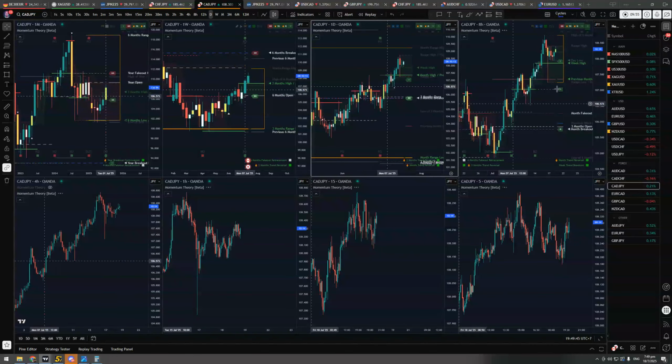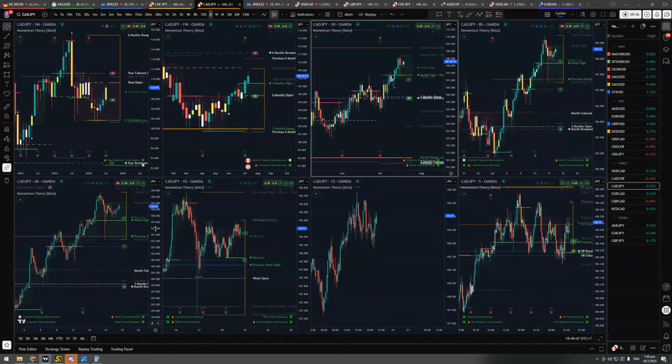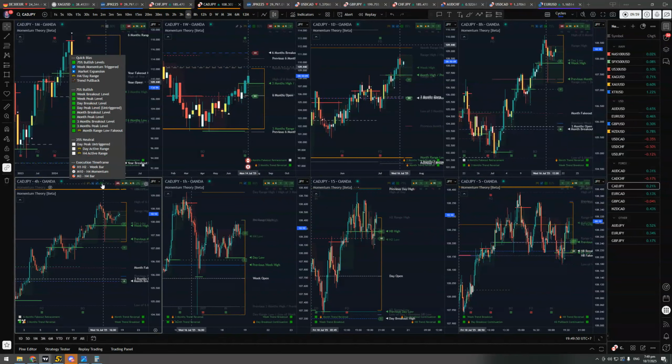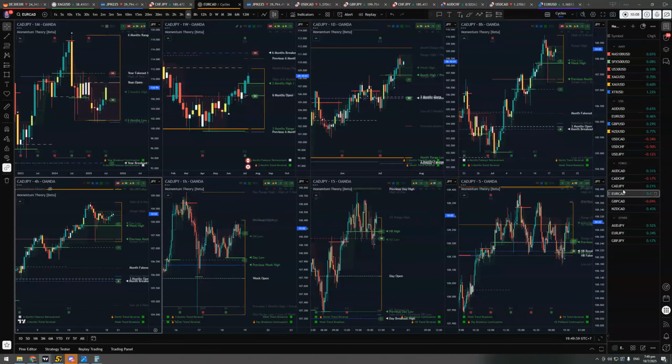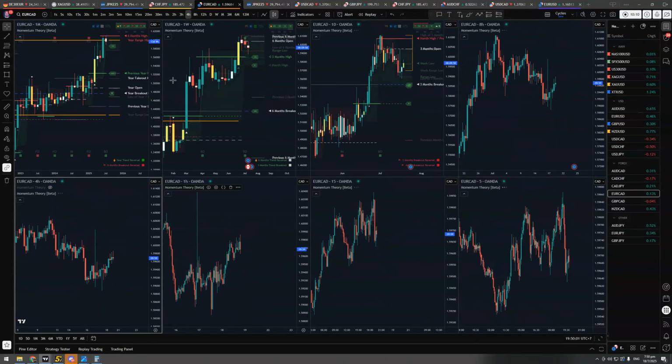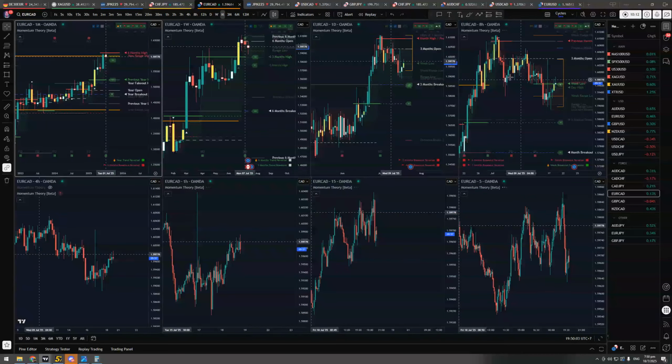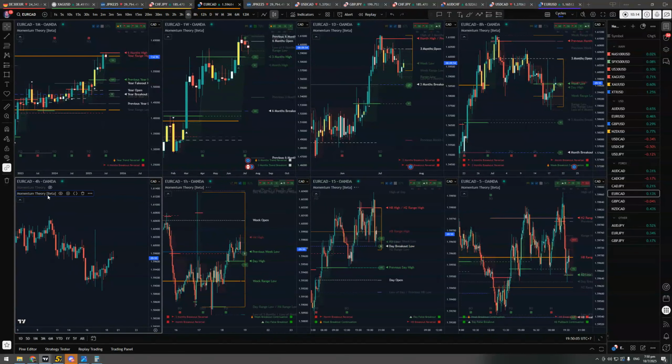Nothing on CAD J. We do have lots of confluence here. Everything that I'm looking for is here, but we are in ranges. So that's why it's dimmed out. And we have not triggered the correct side of that range. Don't see anything here on EuroCAD either.